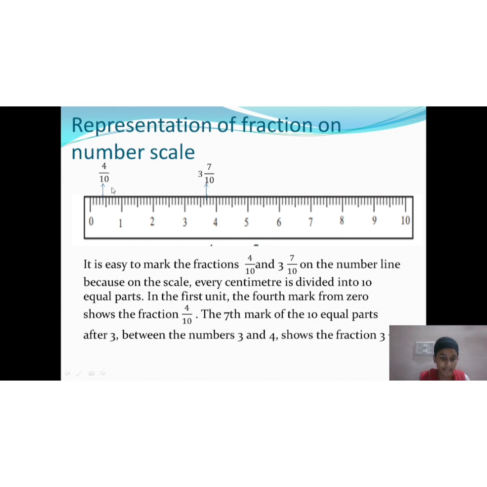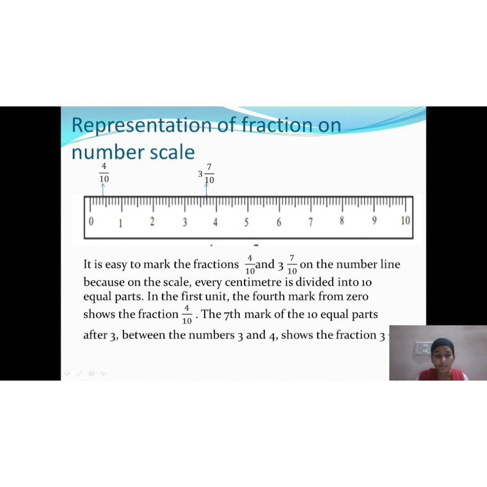The 7th mark of the 10 equal parts after 3, between the numbers 3 and 4, shows the fraction 3, 7 upon 10. If it had been after 6, it would have been 6, 2 upon 10.